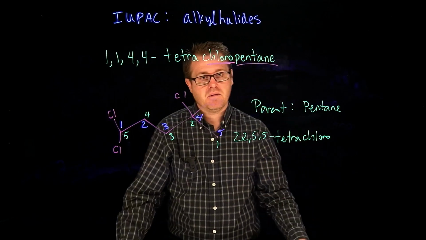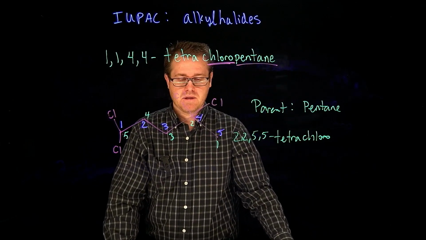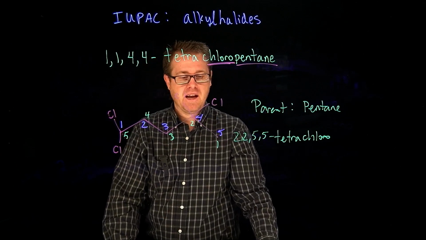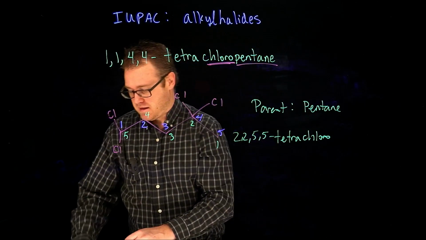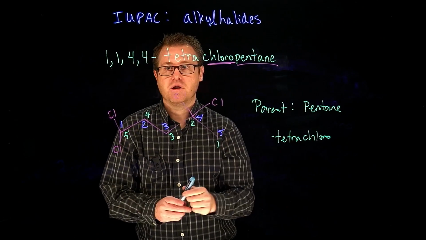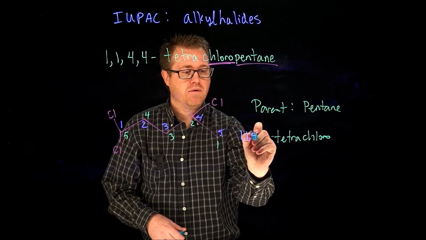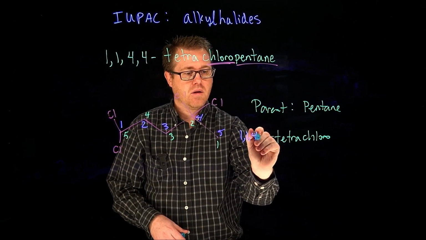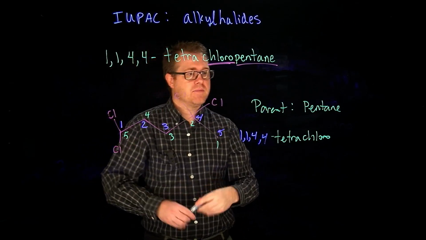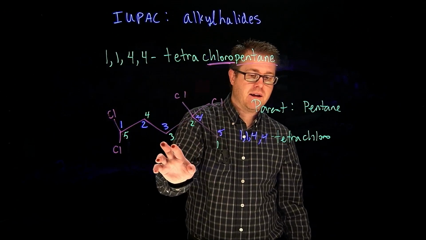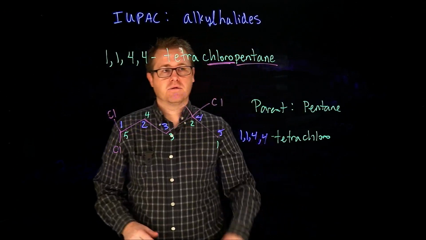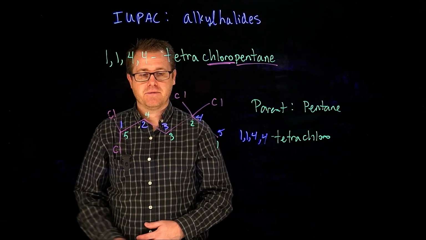But that mistake is very common among students, numbering that carbon chain in the correct direction. So that right there should be our 1,1,4,4, like that. So we did, in fact, take that name and draw it correctly and rename it. Eventually, we got to the correct answer.